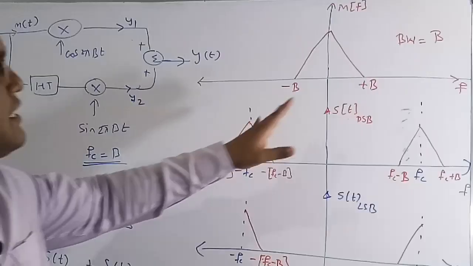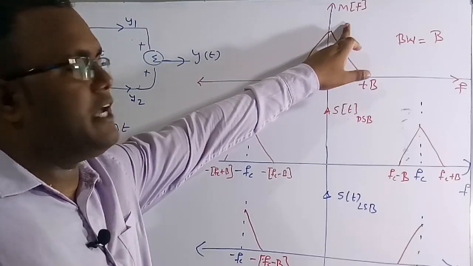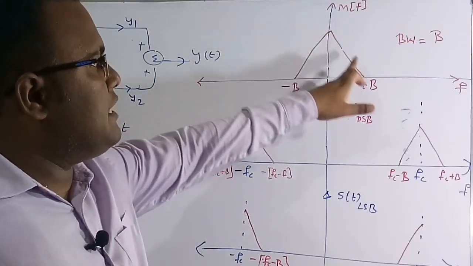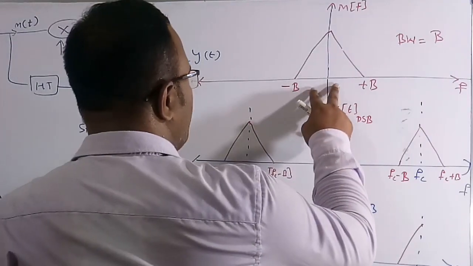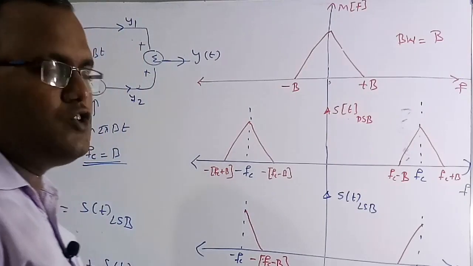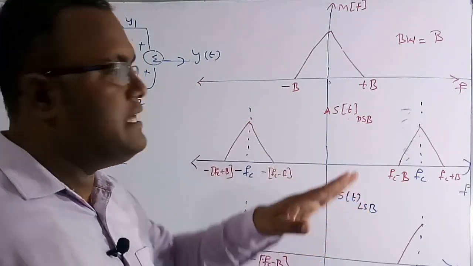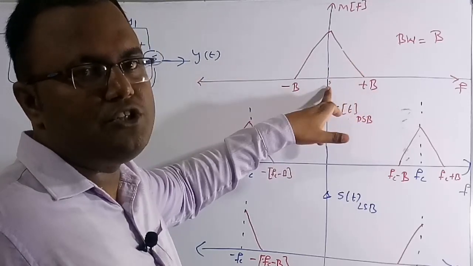If you see carefully here, they have given the Fourier transform of m of t, which is M of f, in this diagram. This M of f contains frequencies from 0 frequency to plus B frequency. The bandwidth means highest frequency minus lowest frequency.